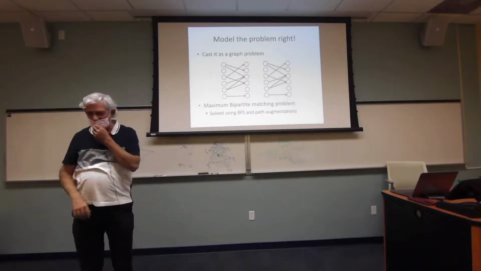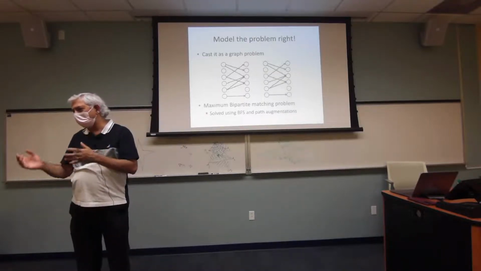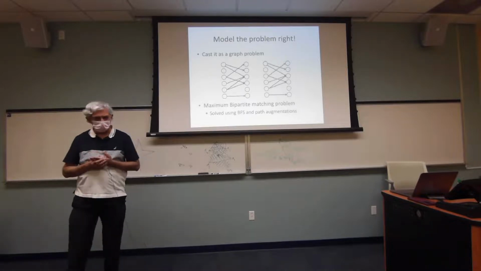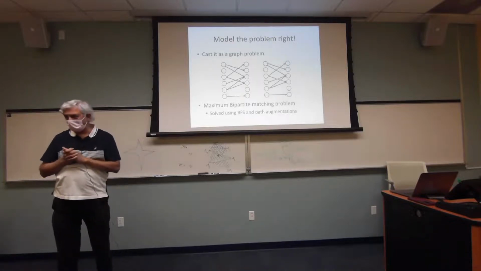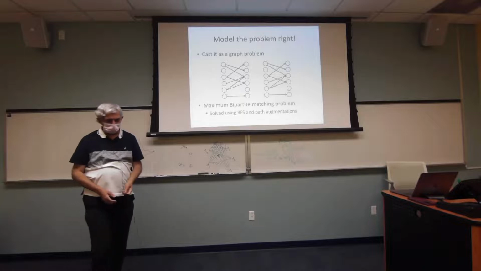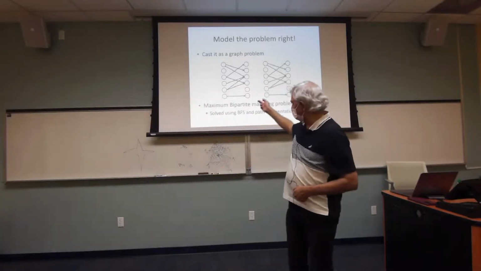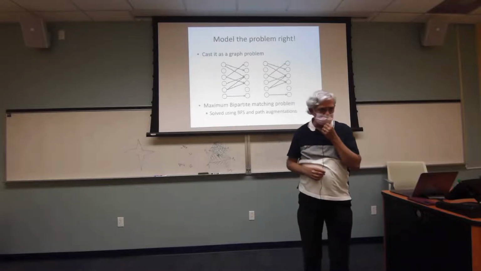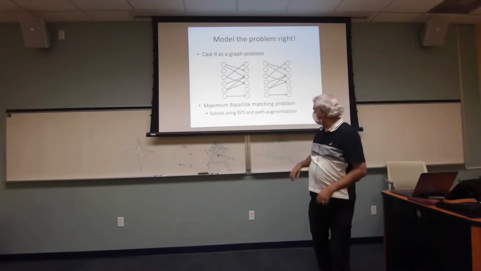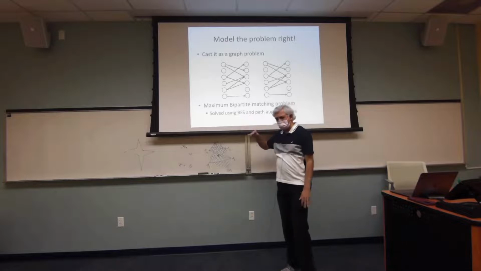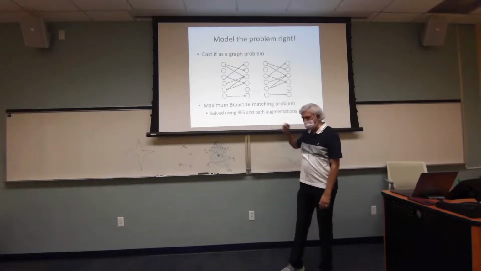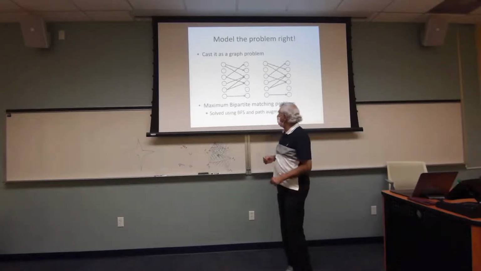Graphs will come next in class, and at that time I'll start to also have Ricky push more graph problems for you in the mock competitions as well. At that time I can discuss the algorithm for this. It uses breadth first search, which is straightforward, but it also uses something called path augmentation.